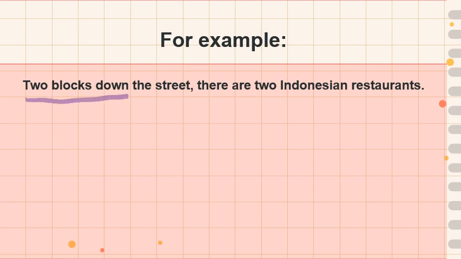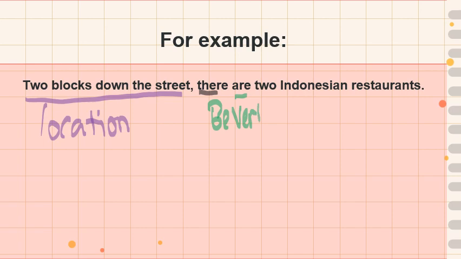This is the location. There are 2 Indonesian restaurants. We use there, we use the be verb are. 2 Indonesian restaurants is the subject.